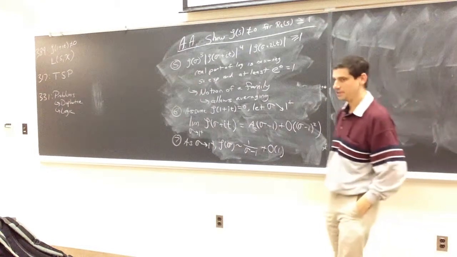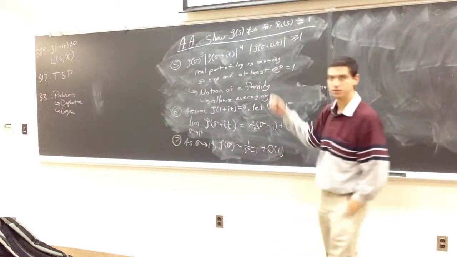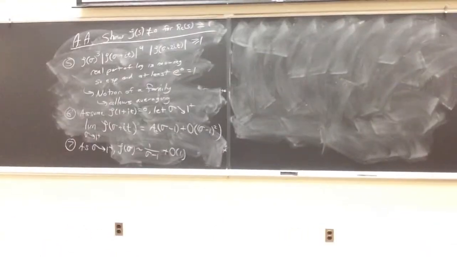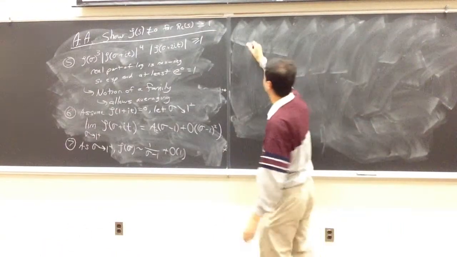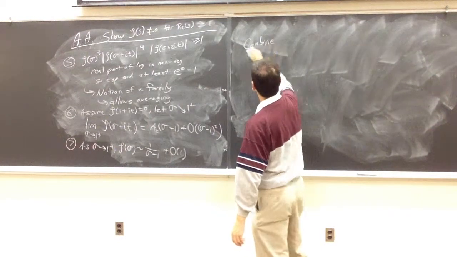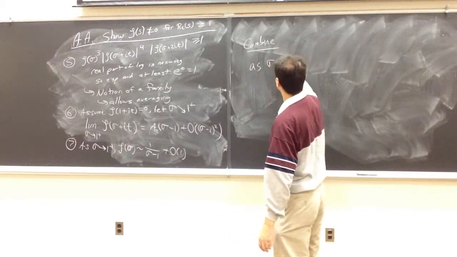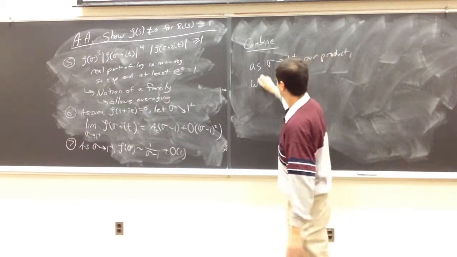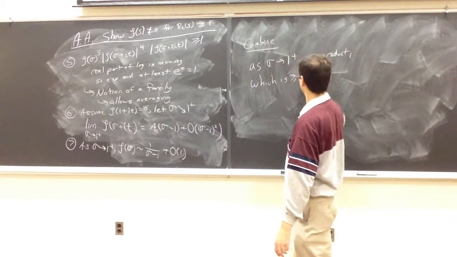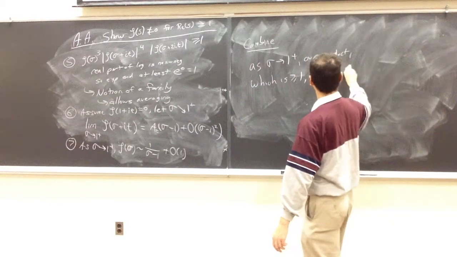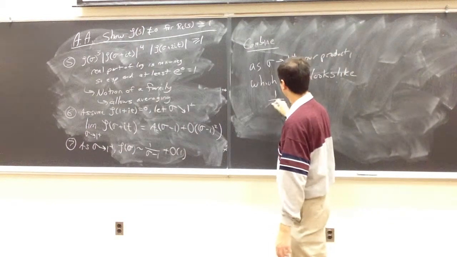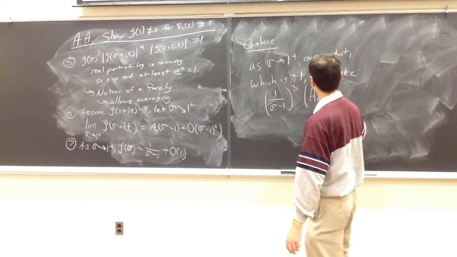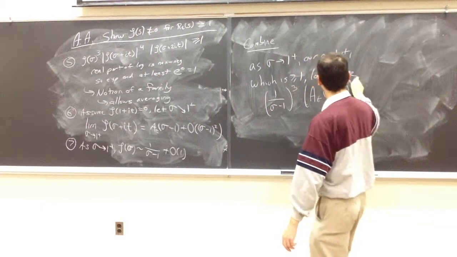Now that we have this, all that's left is to put all the pieces together. So we combine, and as sigma goes to 1 from above, our product, which is greater than or equal to 1, looks like 1 over sigma minus 1 cubed, A of t times sigma minus 1 to the 4th.